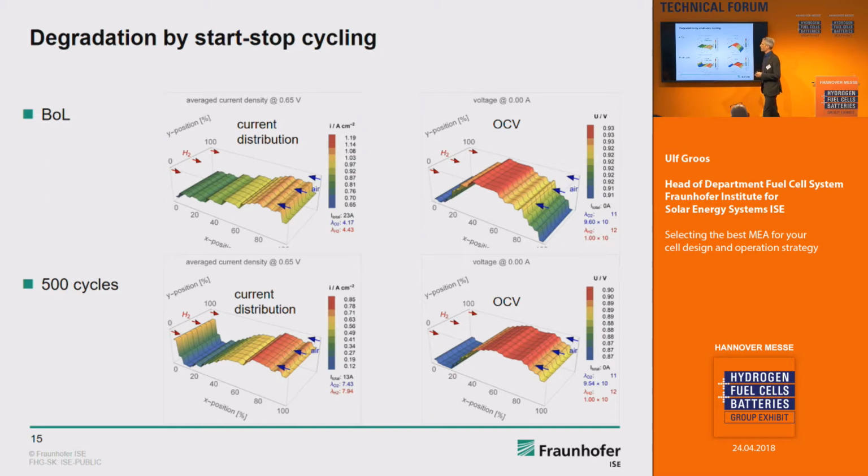Degradation. When we do this start-stop cycling over a while, you see the performance at begin of life and above. So here, the begin-of-life current distribution, where you see the air inlet on the right-hand side and the hydrogen inlet on the left-hand side, and you see that you have higher currents at the air inlet, and then we come to lower current densities at the air outlet, which is more or less typical for cell designs like this with straight and parallel channels.